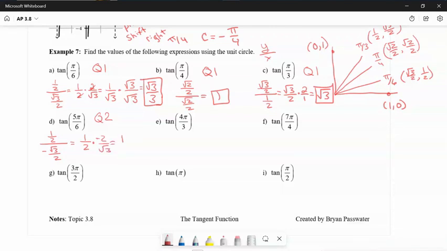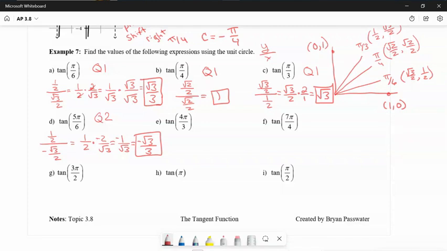Which gives us negative 1 over square root of 3, which when we rationalize the denominator is negative square root of 3 over 3. I just didn't show all the rationalization. You're going to get this a lot, 1 over the square root of 3. So it's good to just remember it's equal to the square root of 3 over 3. All right. Any questions on that one?